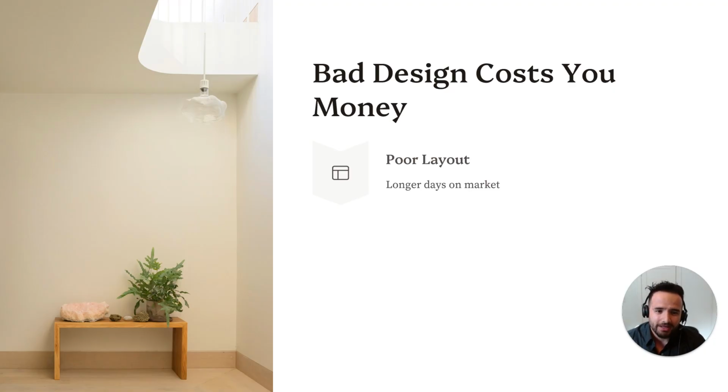When a property has a bad layout, poor flow, or just doesn't feel right, it usually sits on the market longer. And in real estate, the longer a property sits, the more carrying costs you have: mortgage payments, insurance, taxes, utilities. Every extra day is money out of your pocket. Plus, buyers start to wonder, what's wrong with this place? Why hasn't it sold yet?